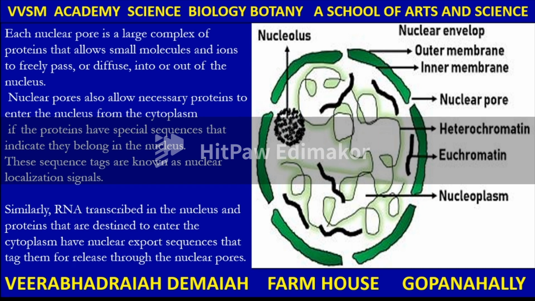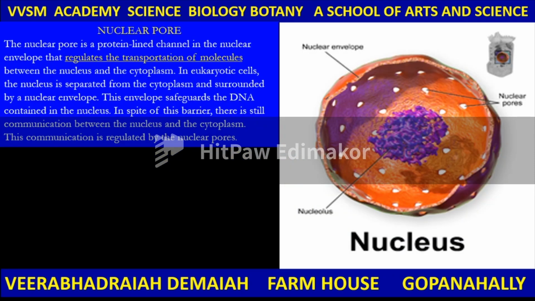If you observe the figure carefully, this is a nucleolus, a nuclear envelope, nucleoplasm, and nuclear pore. The nuclear pore is a protein-lined channel in the nuclear envelope that regulates the transportation of molecules between the nucleus and the cytoplasm. In eukaryotic cells, the nucleus is separated from the cytoplasm and surrounded by a nuclear envelope.